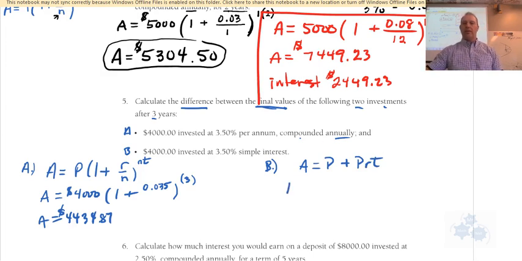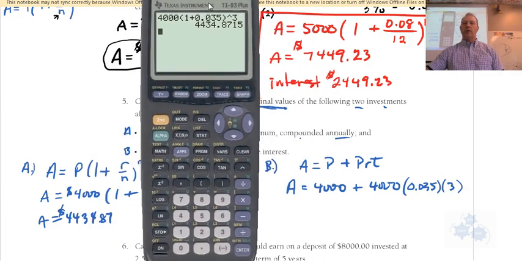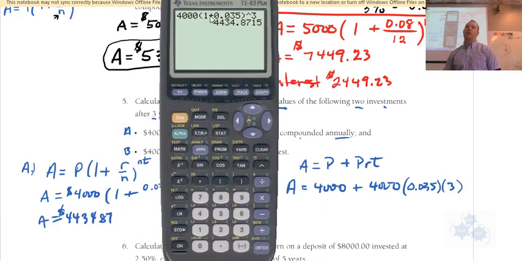So let's calculate it over here. A over here is 4,000 plus 4,000 times the interest rate. Is that as a decimal as well here, guys? It sure is. You bet. R, and then T is 3 years. So, do you think this is going to be more or less? You think it's going to be less? Okay. From what we know of compound interest, remember the interest grows quicker.